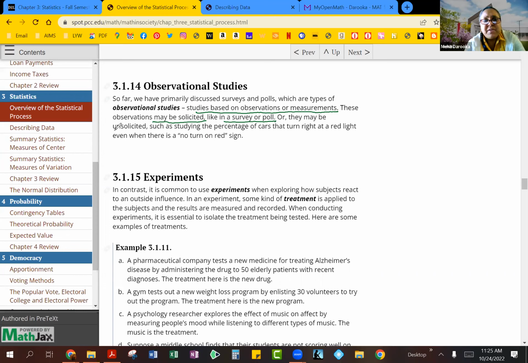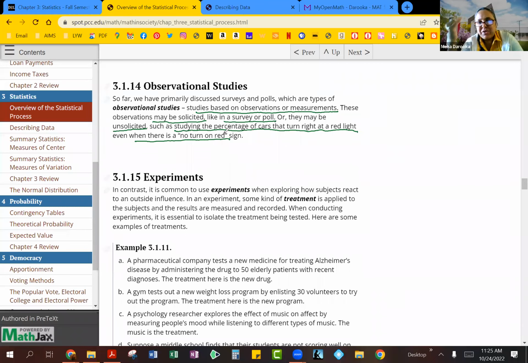Or your observations could also be unsolicited. Basically, you're taking records that are already available and using that to come up with your observation. For example, studying the percentage of cars that turn right at a red light, specifically when there is a no turn on red sign. How many cars are turning right, and what percentage would that come out to be?